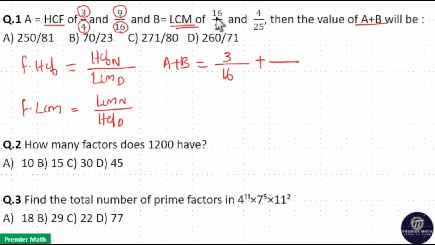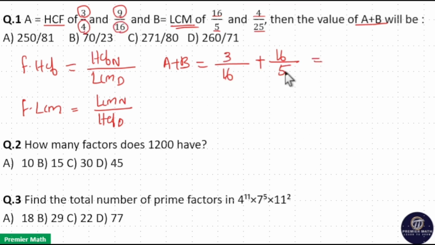So write LCM of 16 and 4, which is 16, and take HCF of 5 and 25. HCF of 5 and 25 is equal to 5. Here the highest common factor of 3 and 9 is equal to 3.